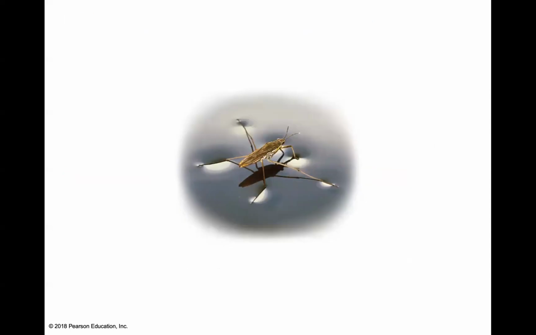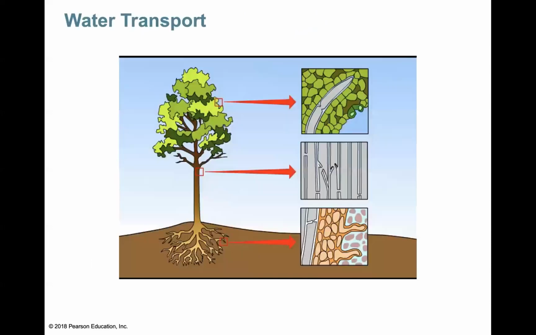Here's an illustration of what I mentioned before with this insect walking across the surface of water. That is due to surface tension, which is a combination of both adhesion and cohesion. All right. Water transport.